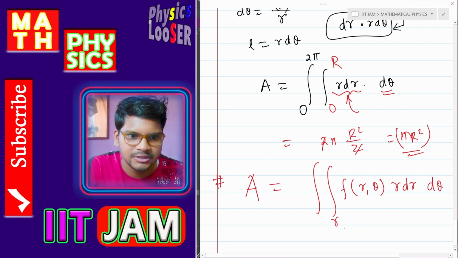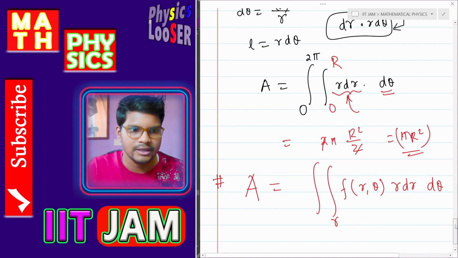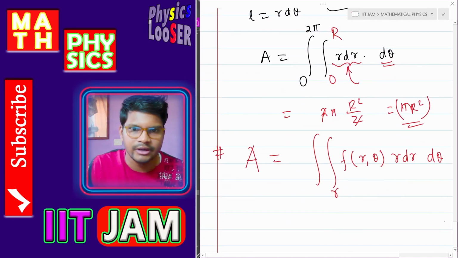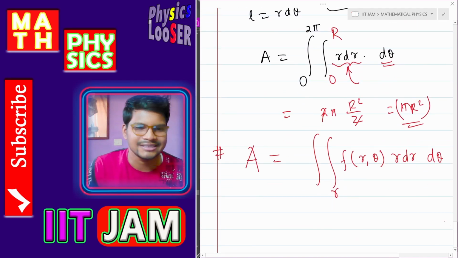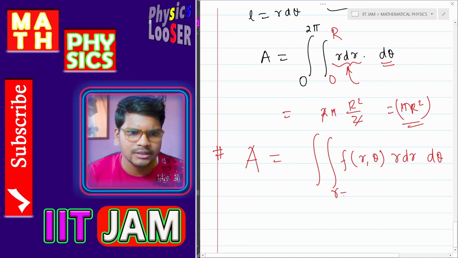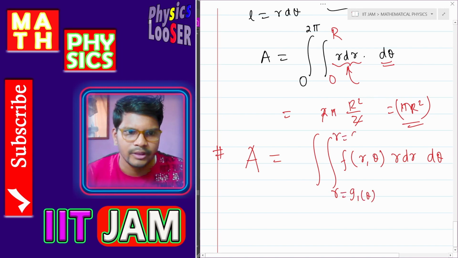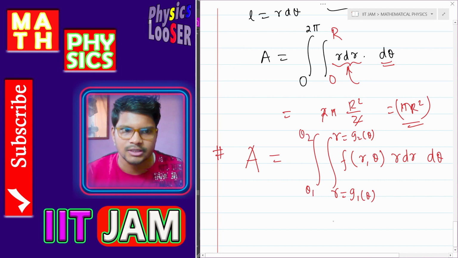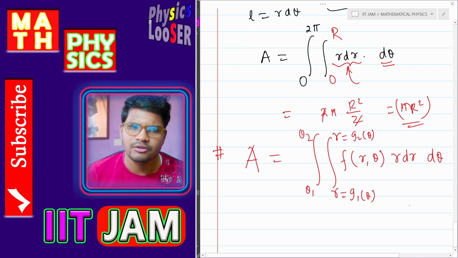Suppose it is not a circle, but there are different kinds of curves that exist in polar form. So r generally depends on, let us say, g1 of theta, and r would be g2 of theta. And here the theta will again maybe vary from, let us say, theta 1 to theta 2, and these are constants. So this is how we can easily find out.